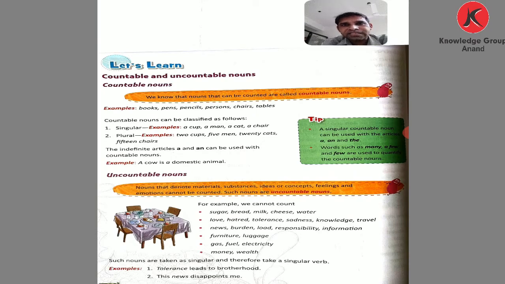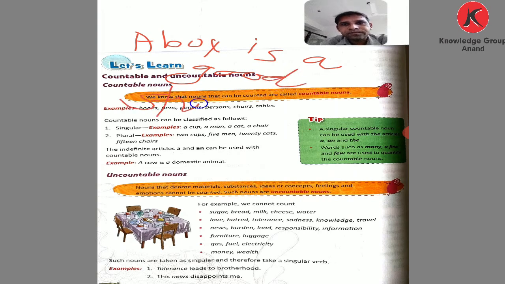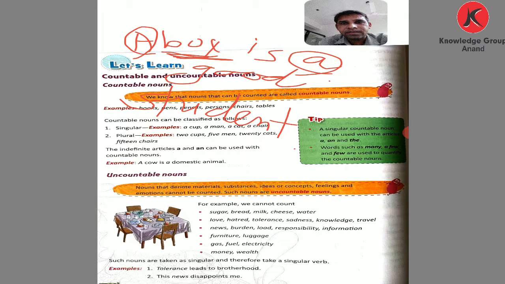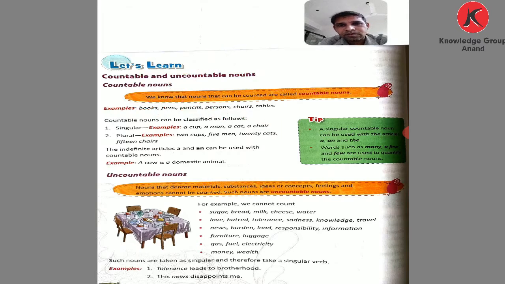Okay, a boy is a good student. Here I am talking about a singular boy, so I put the article a. Okay, then there are some more examples.